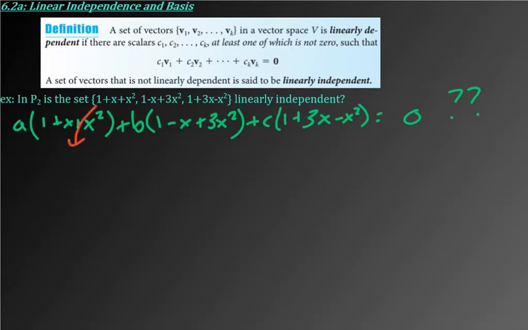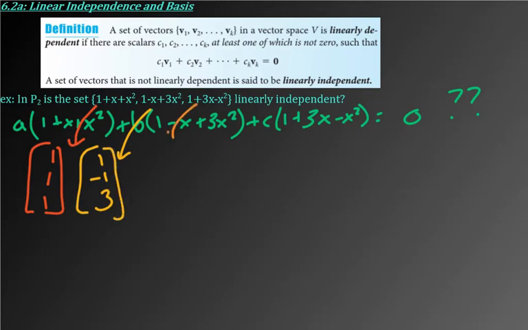We can take this first quadratic and think of it as just a vector. It has 1 in the constant, 1 in the x component, and 1 in the x squared. So it's kind of like a 1, 1, 1 vector, right? This next one has 1 in the constant, negative 1 in the x, and 3 in the x squared.